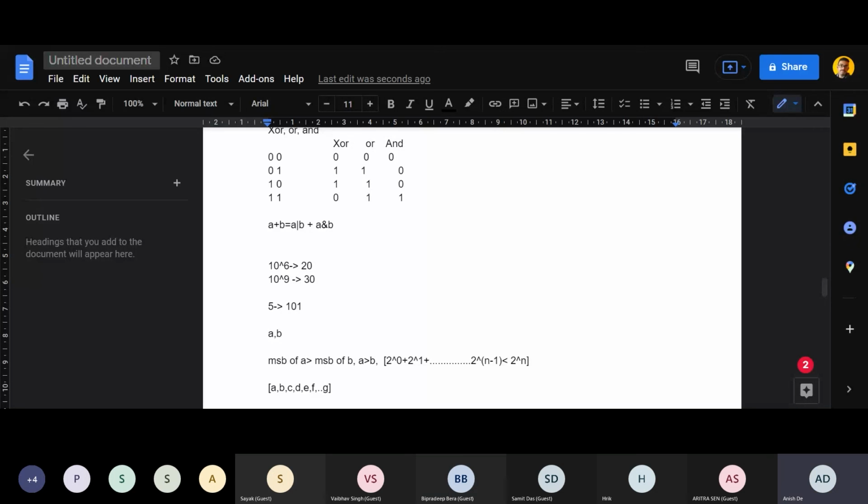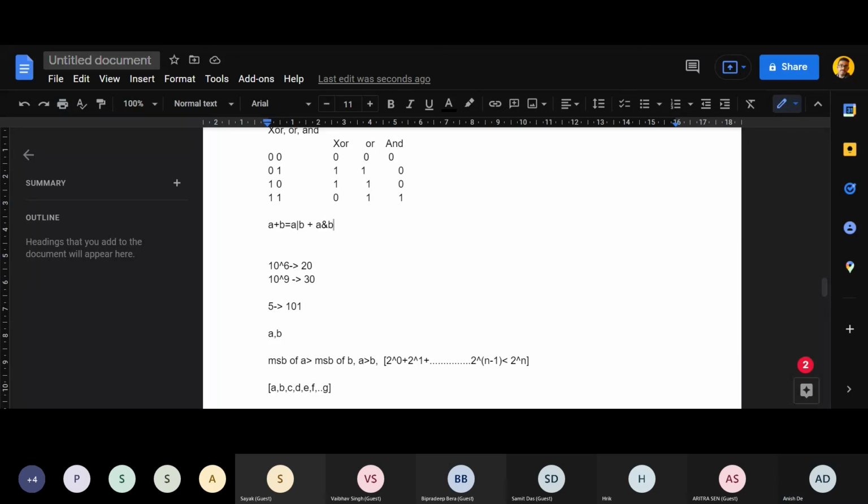Let me check once. Yeah, this is right. We are not taking carry here, we are just thinking about pure addition.